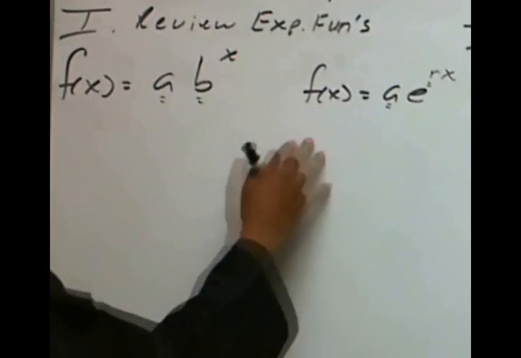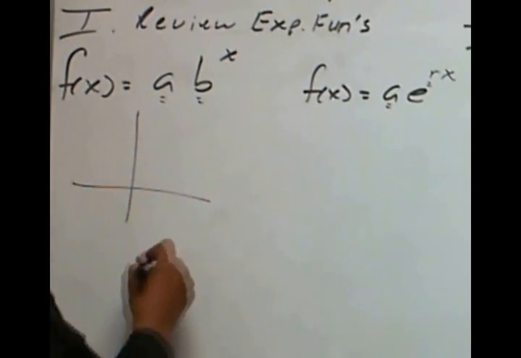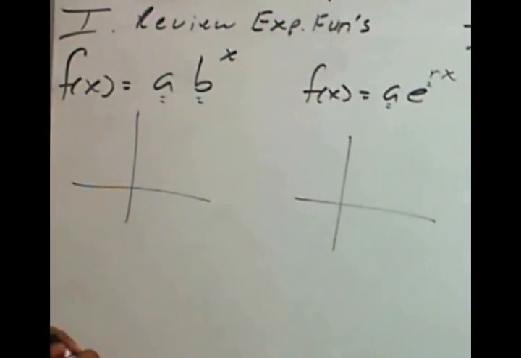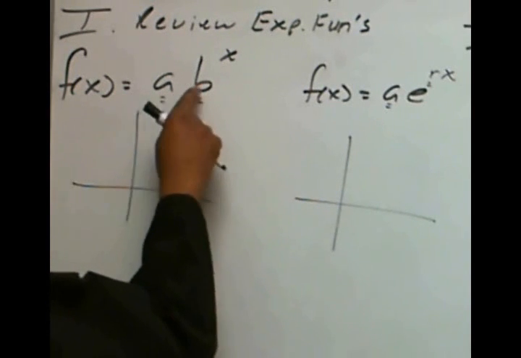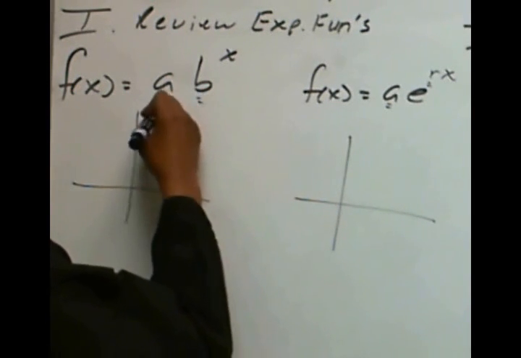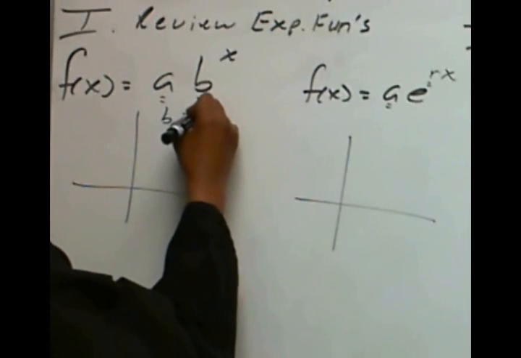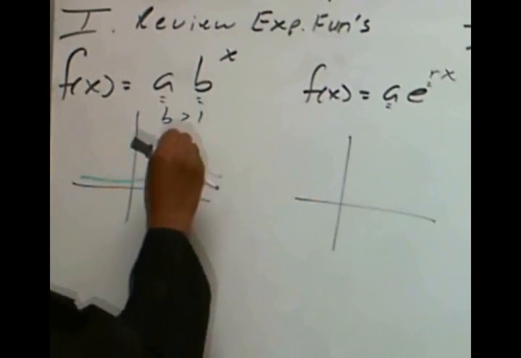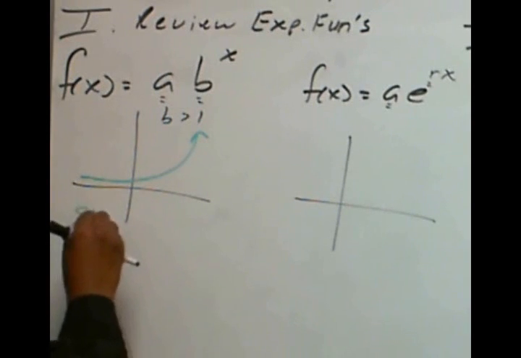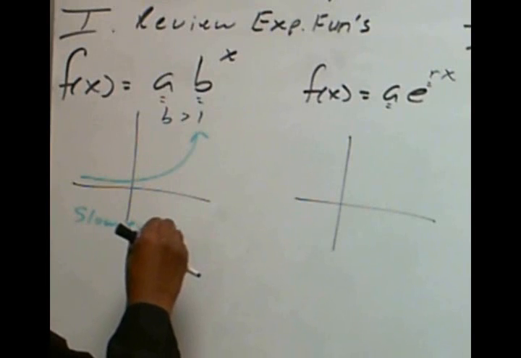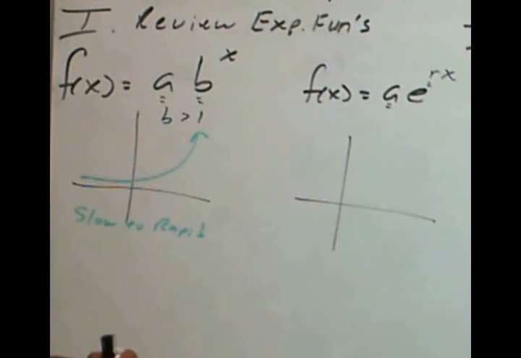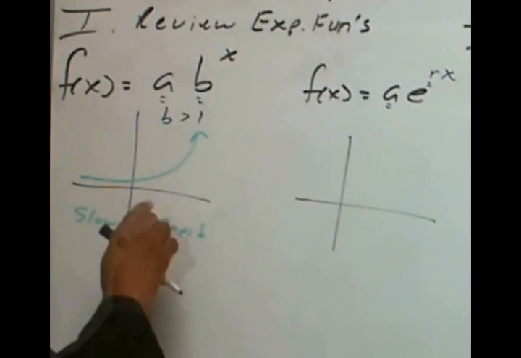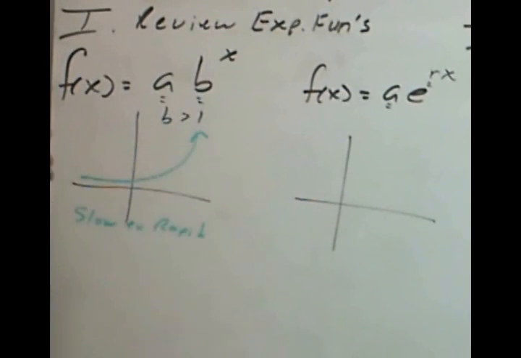When you graph an exponential function and you have, let's say, b is greater than 1, like the base of 2 or 7 or something like that, what you'll have is a graph that is slow to rapid growth. Slow to rapid. Okay. And this is what we use for measuring interest rates, because the interest rates are slow to rapid.